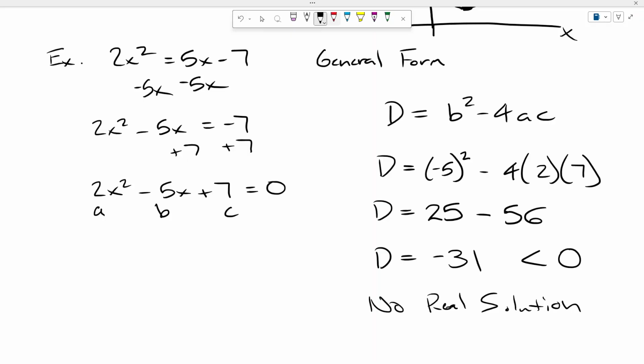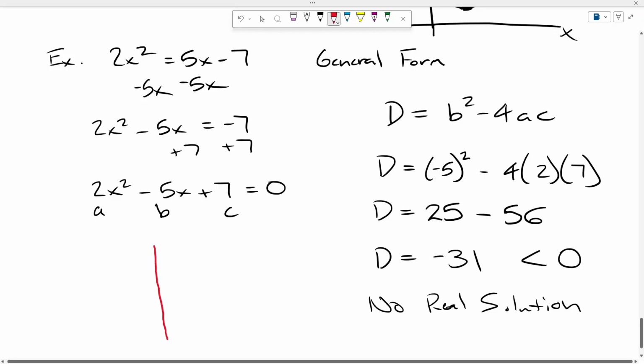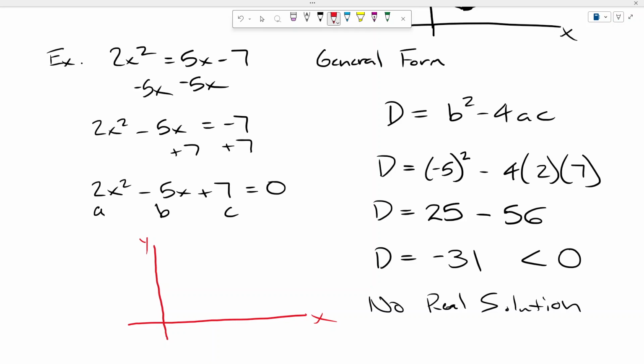And just so you guys can see it, if you were to graph this one, it would look something like that.